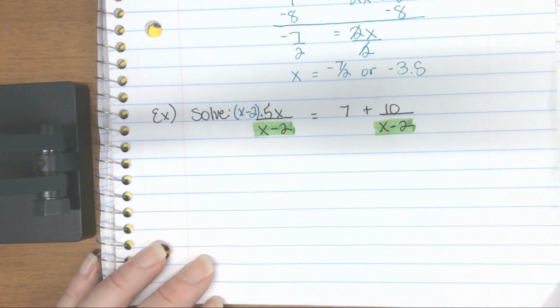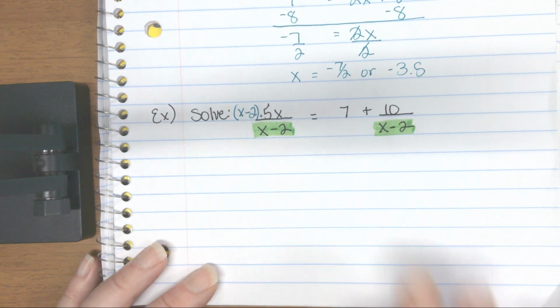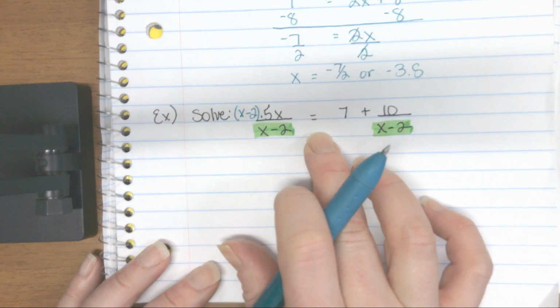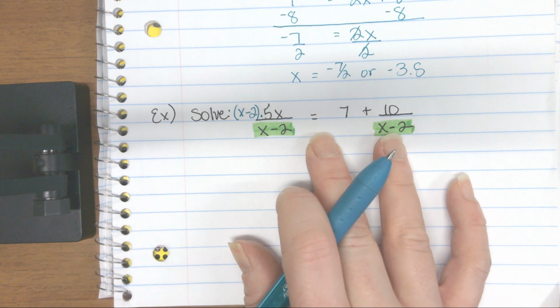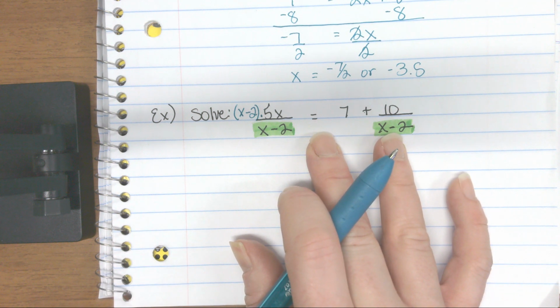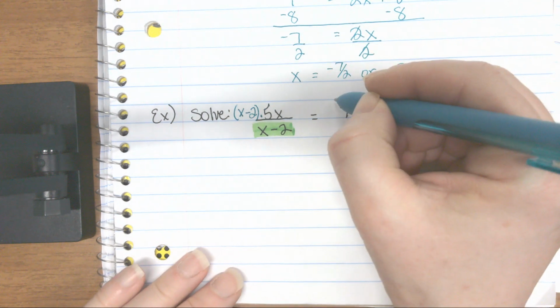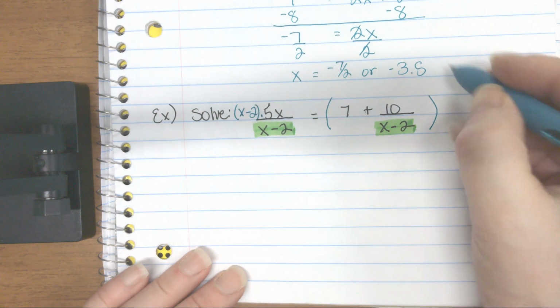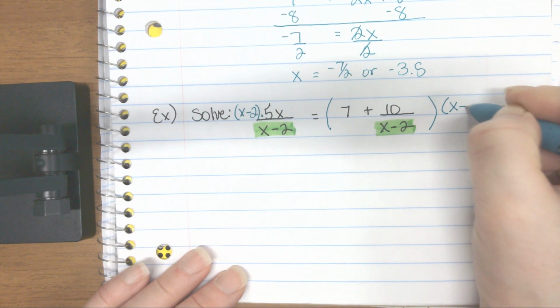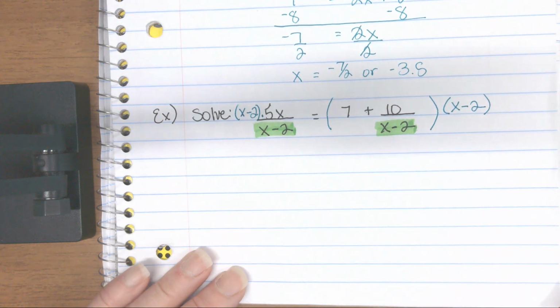Now be really careful, because how many things do you see on the right side of our equation? 2 things, right? Remember in our instructions we have to multiply the whole side, so make sure you put a parentheses around that whole thing. And we're going to multiply by x minus 2.